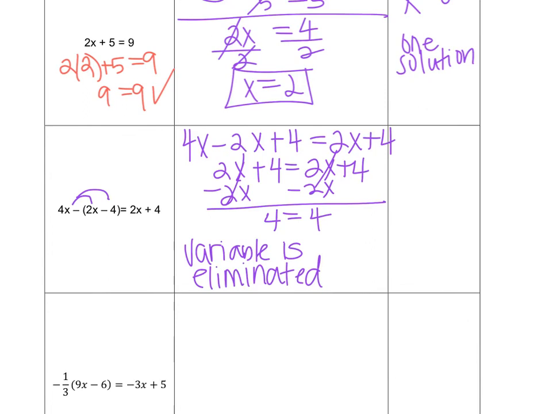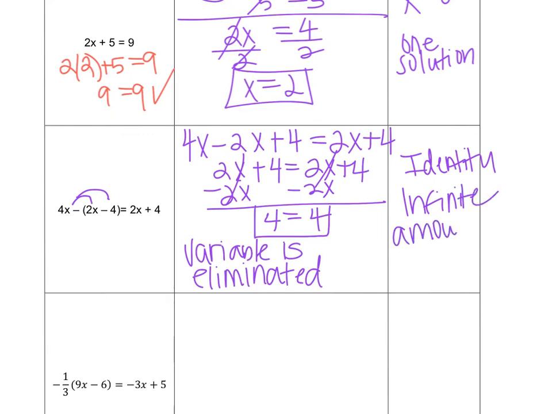What that means is we don't have an x anymore. I'm just left with 4 equals 4, which is a true statement. And anytime you get a true statement, this is called an identity, because we have an infinite amount of solutions.